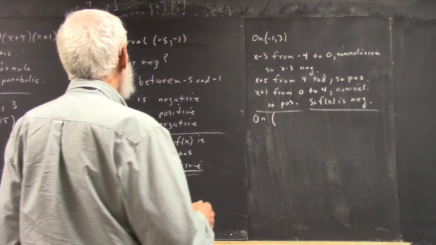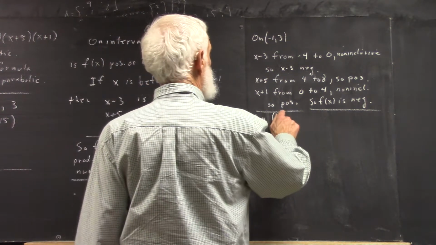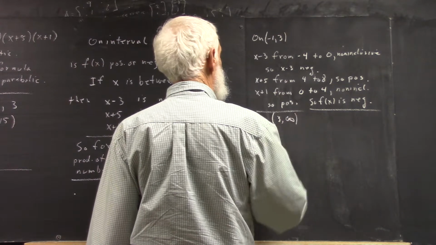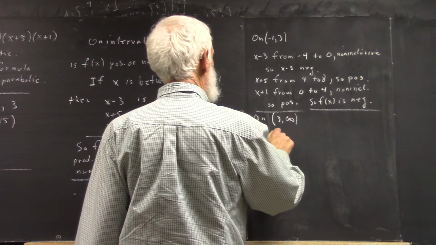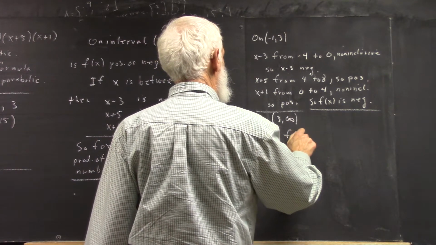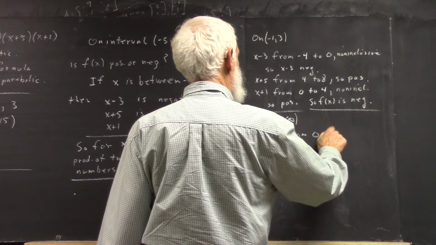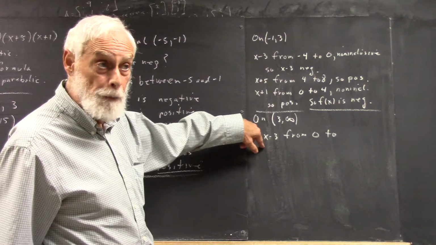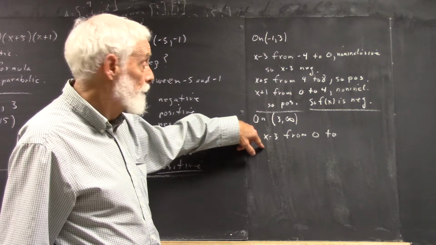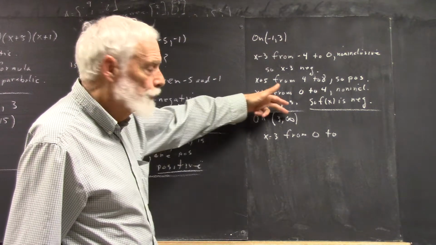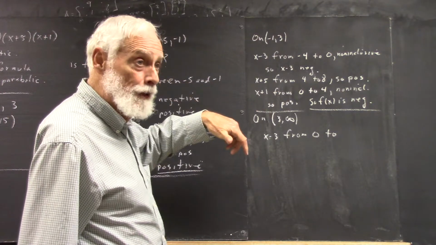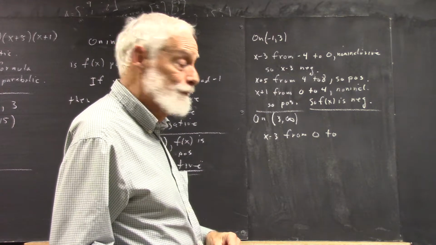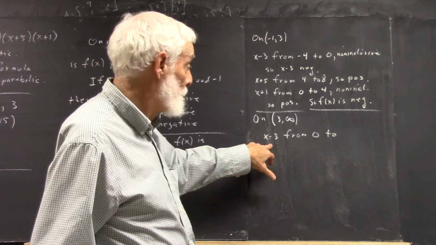So on the interval now from 3 to infinity, well, if x is 3, x minus 3 is 0, right? And as x approaches infinity, it can't equal infinity, but for any number greater than 3, it's going to be positive, right?